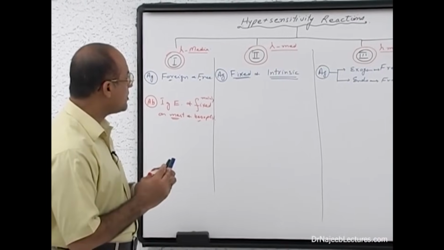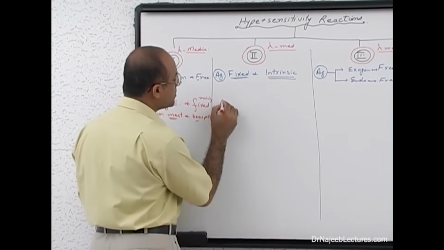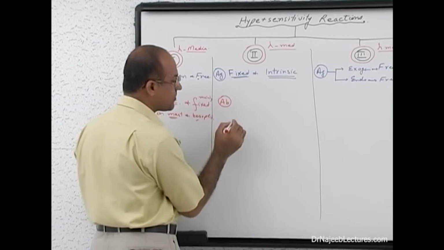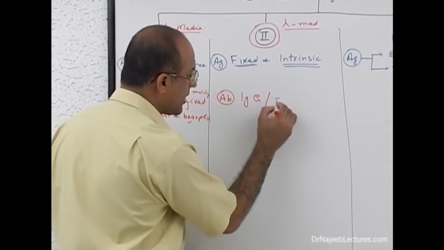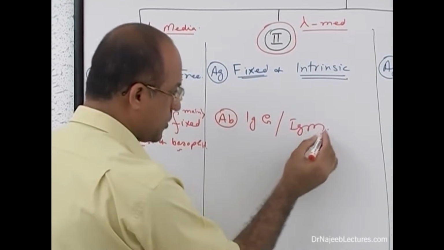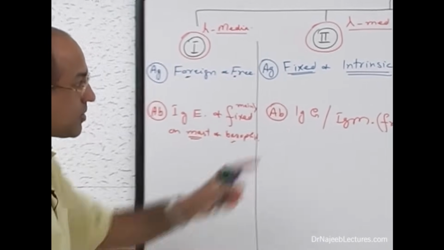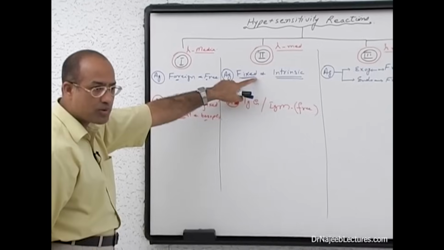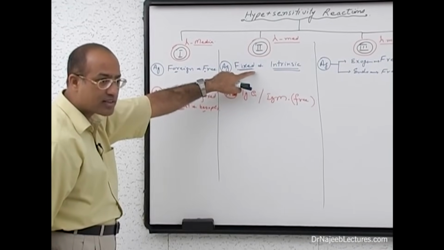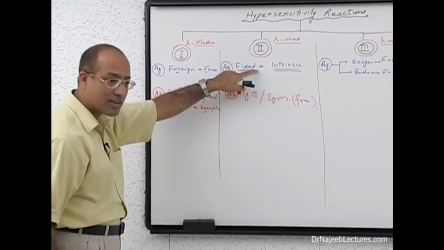Then in type 2, it's very important to understand, antibody is IgG or IgM, and of course this is free in the body tissue. But remember, antibody is free here, antigen is fixed. Because antigen is fixed on the target tissue, immune complex will always form on the target tissue.